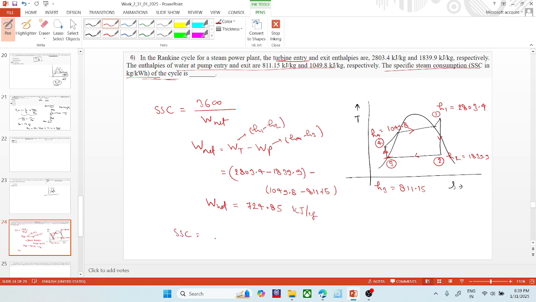So specific steam consumption would be 3600 divided by 724.85, and the value will come out to be around 4.96 kg per kilowatt hour. So this is a very simple problem. You don't even have to look at the steam table.